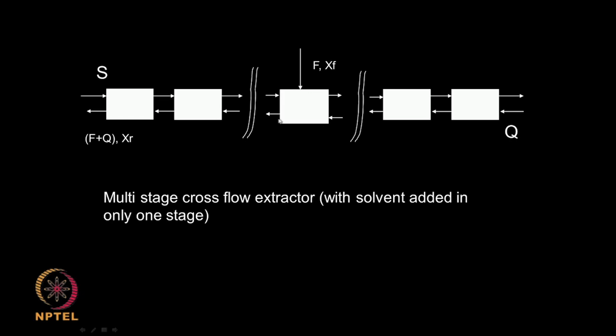After this stage you are going to have F plus Q, the total amount of the heavies or the aqueous stream or the raffinate flowing like this. The solvent goes like this and then like this, and finally you get the extracted solute.